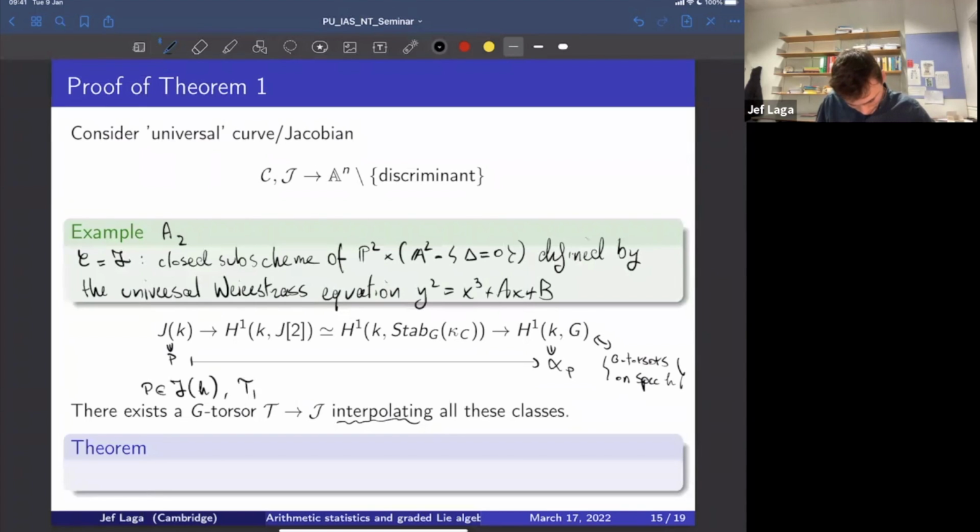Then the fiber of this torsor along P, its class will be equal to alpha P in H1 of K, G. Okay, so now we need to prove that this torsor is trivial above every K point of curly J. And what we're actually going to prove is something slightly stronger, namely that this torsor over curly J is Zariski locally trivial.